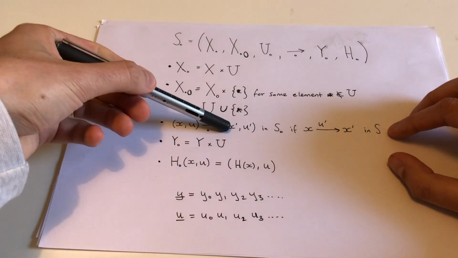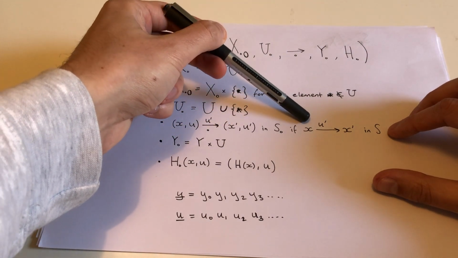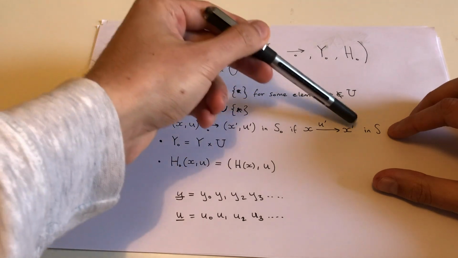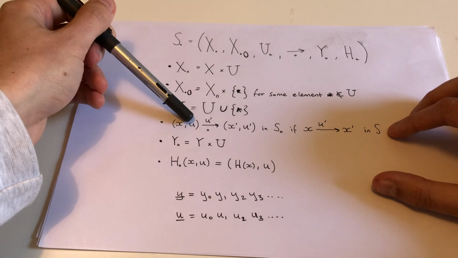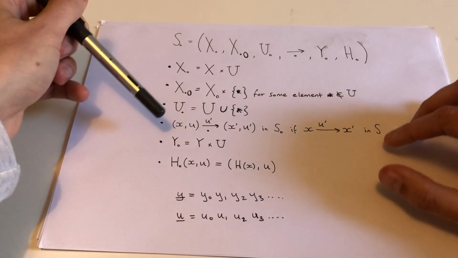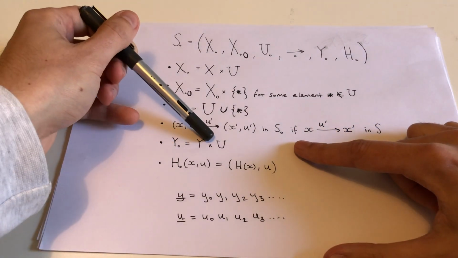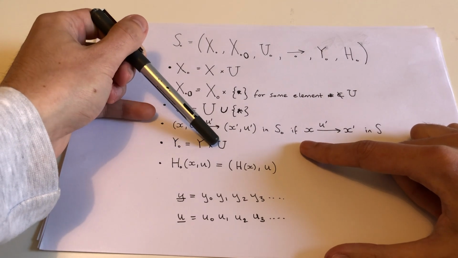And this transition, we say, is only possible if the transition x under the input goes to x dash in the real system. So what we're trying to do is just make this input visible within the system. Then we have the updated outputs, which is the outputs and also the input set.